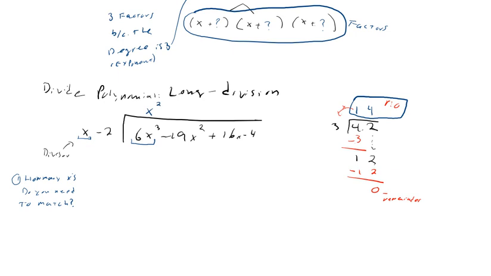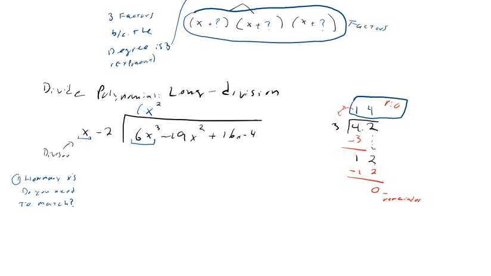The other thing I need is how to make the numbers match. I have a 1 here, I have a 6 here. What do I need to multiply this x by to make it into 6x cubed? I need to multiply by 6x squared.